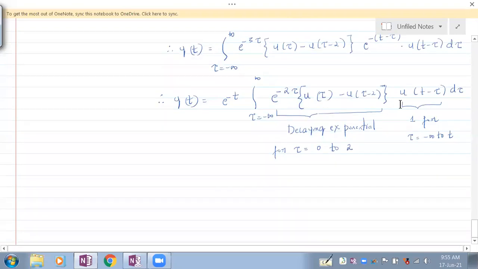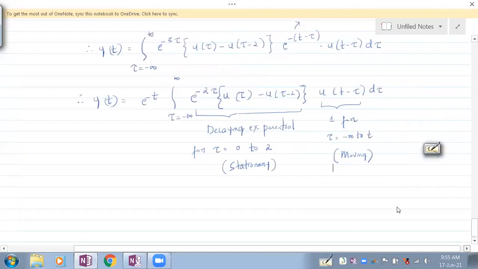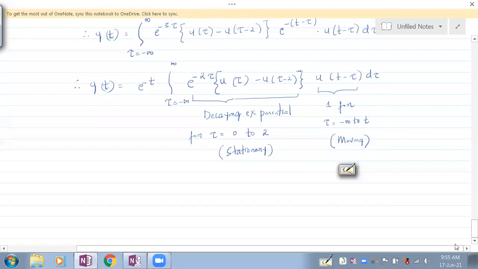So this is stationary rather. This is the stationary signal and this is the moving signal. So let's draw these two now. Let's draw. Fine. So how are they going to look?